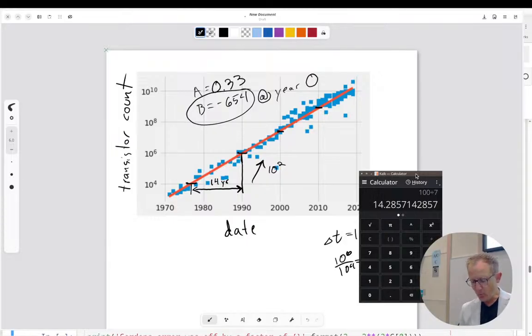I mean, if we take 100 divided by 7, 14, so it's 14 times as much? Does that sound right? Seems weird, right? A factor of 100 every 14 years.